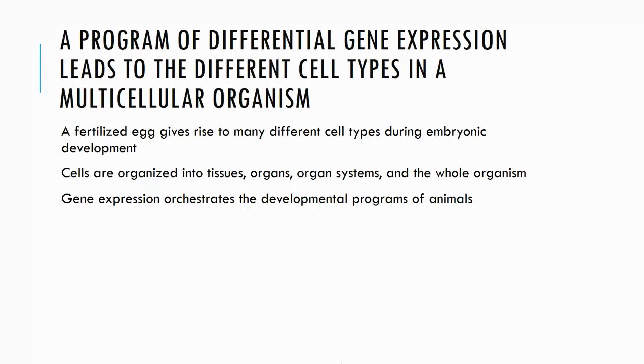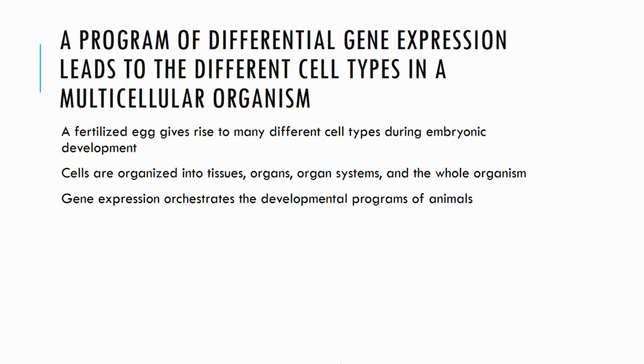Next, we're going to look at cell programming and differentiation. So a fertilized egg gives rise to many different cell types during embryonic development, right? So the first several cell divisions, those cells have the ability to become any type of cell. If we're talking about humans, in the human body, or for whatever organism we're talking about, they can be literally anything.